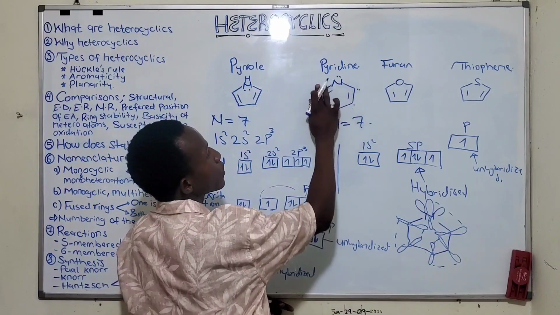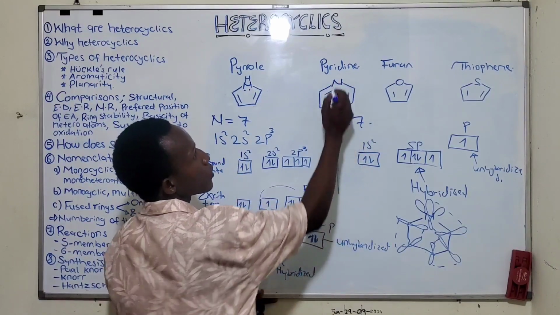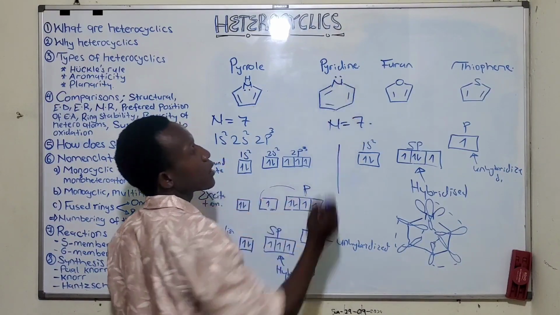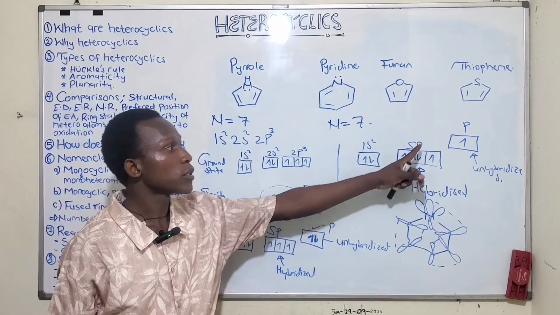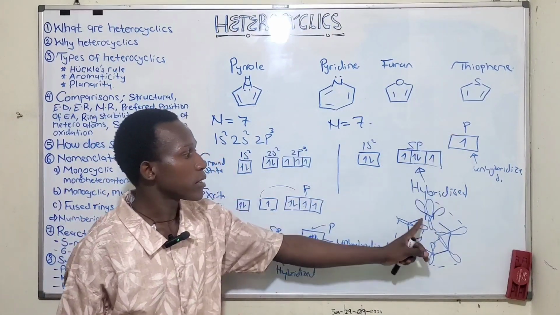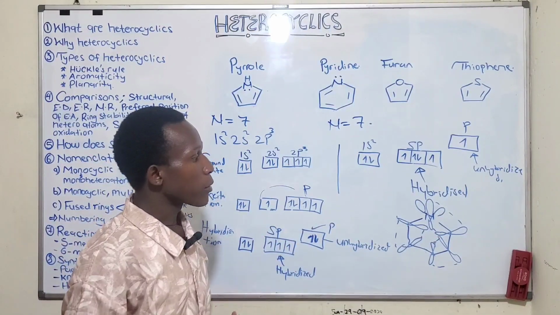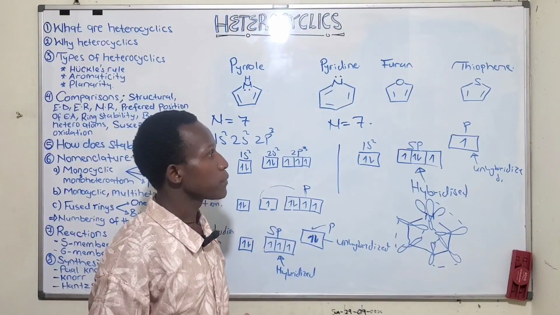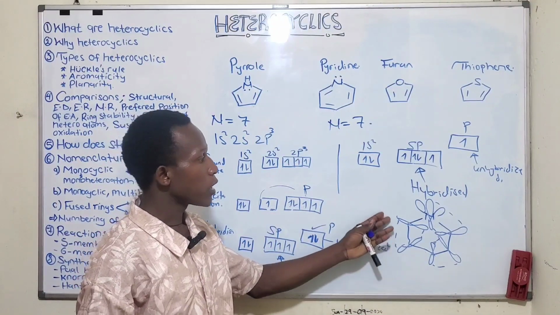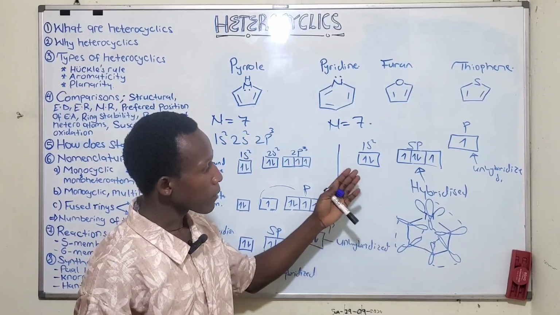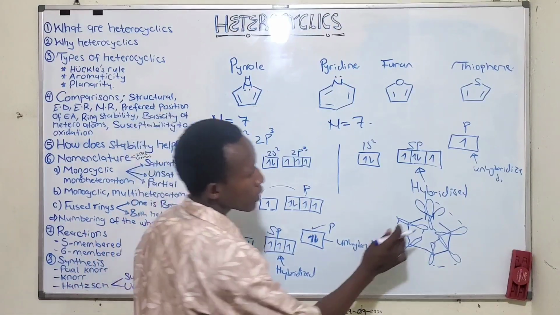That's why we draw the structure like this and put the lone pairs outside, because they are sp, not p. So watch those videos about hybridization and molecular geometry. Please check them so that you see very well how the hybridization occurs and also the structures of the electrons.